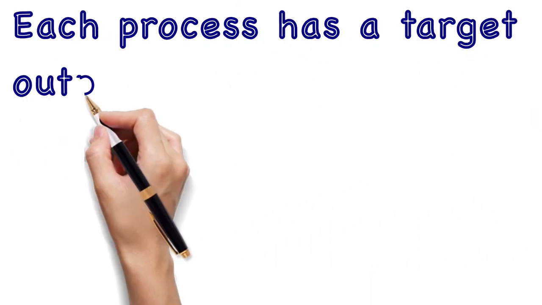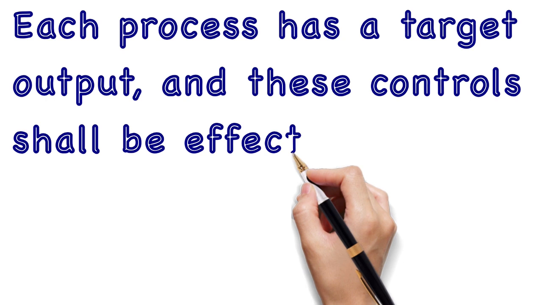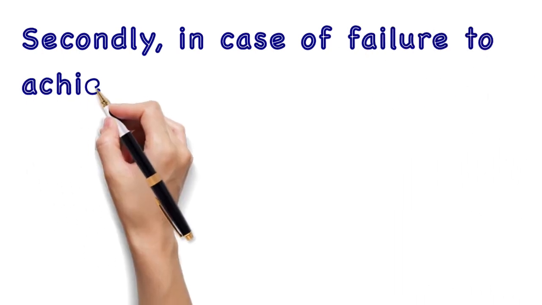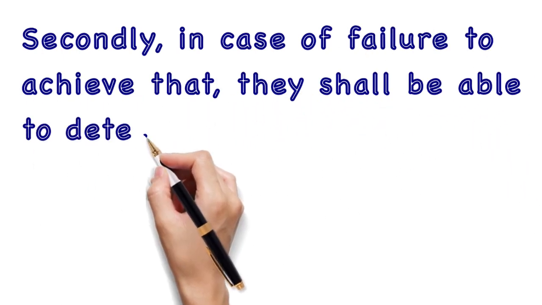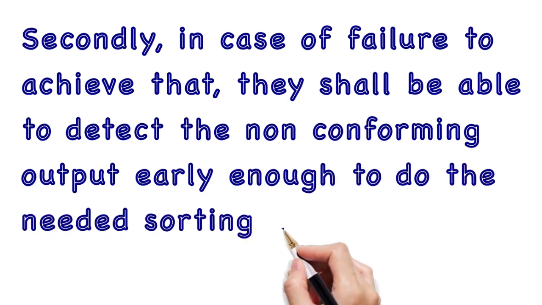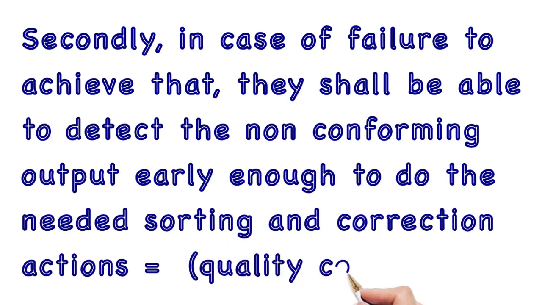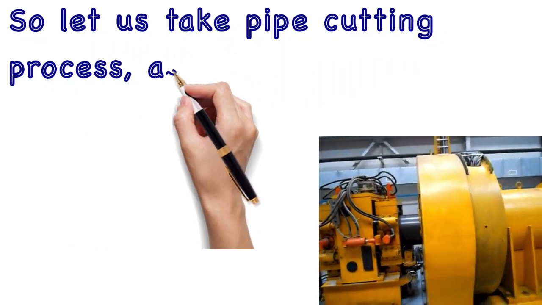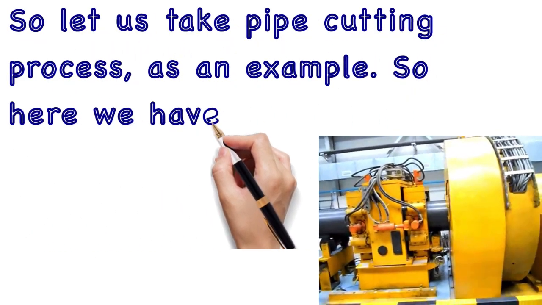But how are these controls defined? Well, each process has a target output, and these controls shall be effective enough firstly to achieve that output, which is process control, and secondly, in case of failure to achieve that, they shall be able to detect the non-conforming output early enough to do the needed sorting and correction, which is quality control. So for example, if we take a process like the pipe cutting process, here we have a target to achieve a certain length.